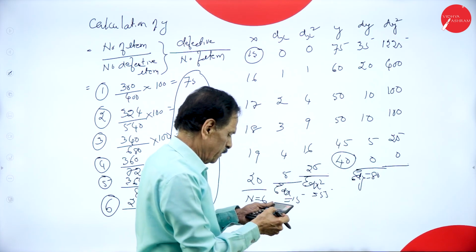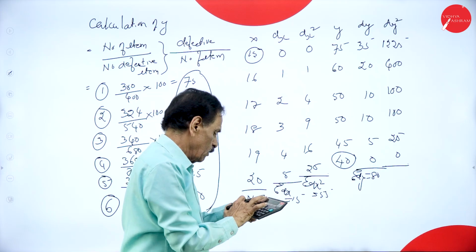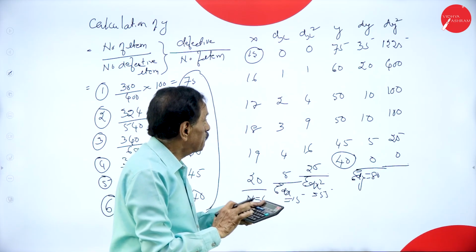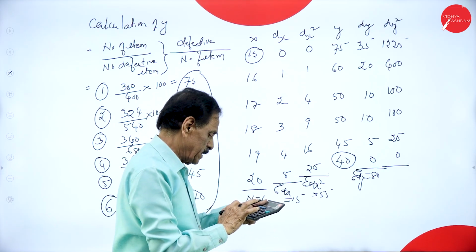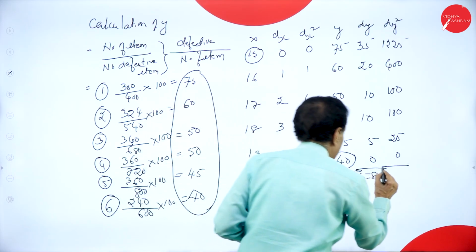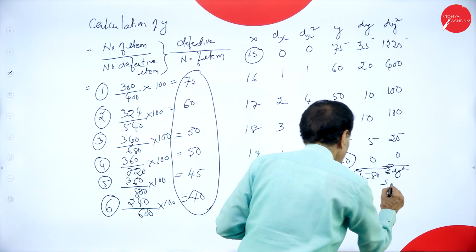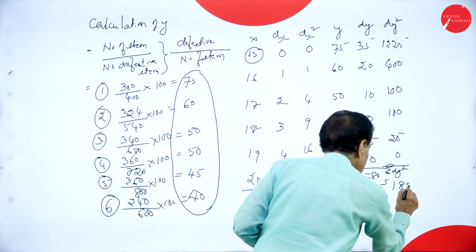Add the figure: 1225 plus 400 plus 100 plus 100 plus 25 is 1850. Sigma dy square is 1850.